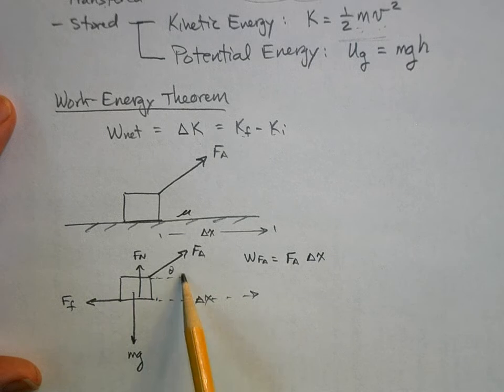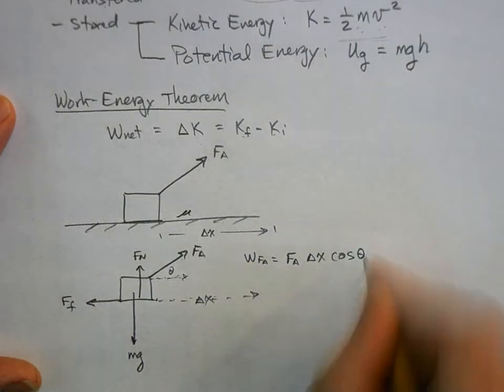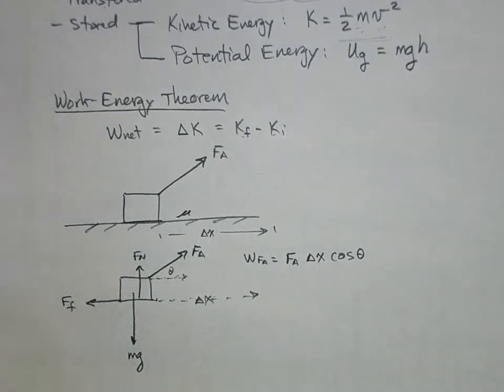And here's that component. Delta x is to the right, so only the component of the force that's to the right does work. And that would be Fa cosine theta. So now I'm not giving you any numbers in here, but on the exam, what you would do now is plug the values in there.